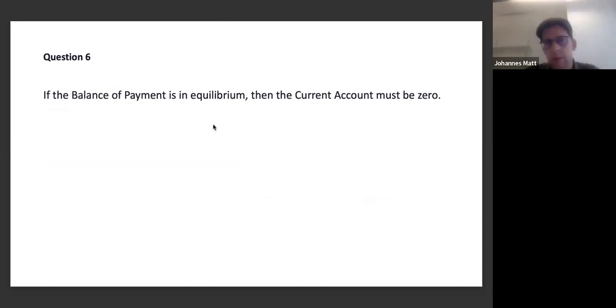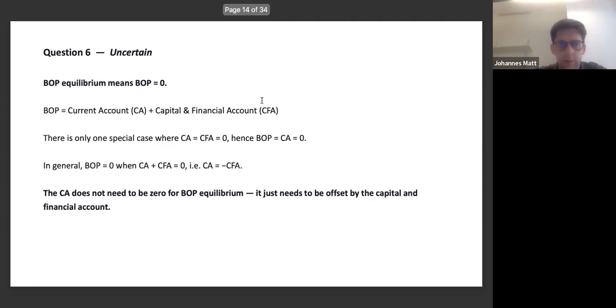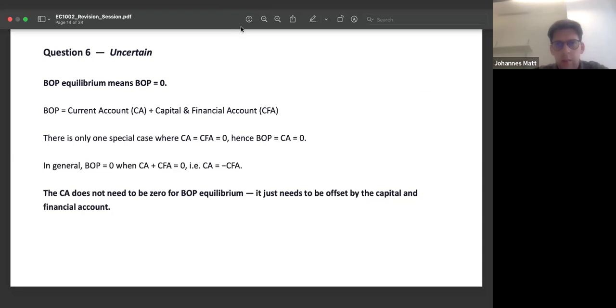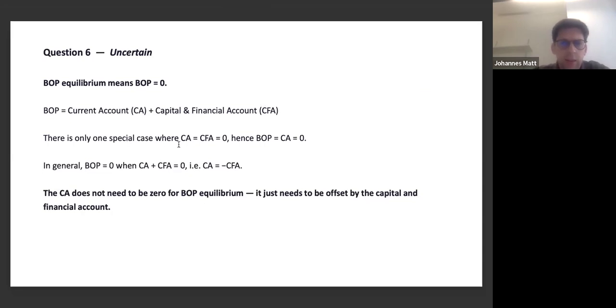So having that definition in the background, the statement is now asking if the balance of payment is in equilibrium, then the current account must always be 0, right? Well, there's a special case here where the current account is 0 and the financial account is also 0, and hence, because these two objects are 0, the balance of payment must be 0.